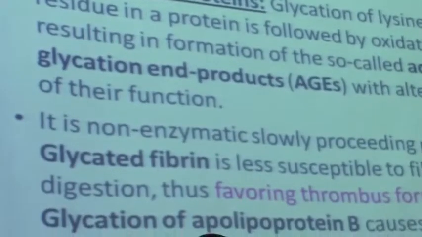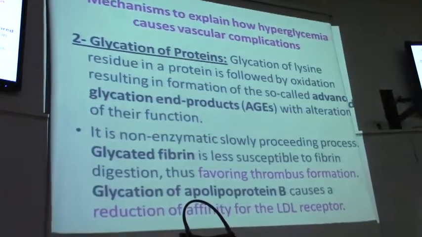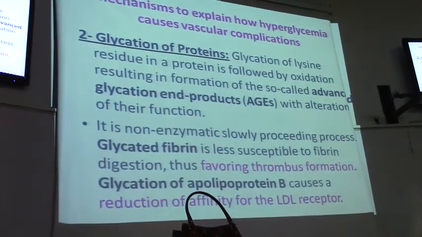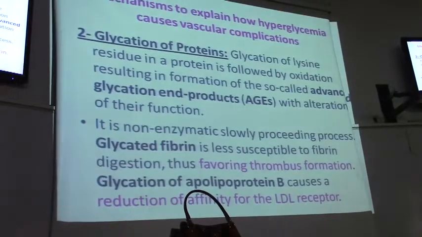When they bind to their receptors, they trigger inflammation. Okay? So not only is the function altered, but they have receptors to which they can bind, called RAGE, triggering a global state of inflammation all around the body.